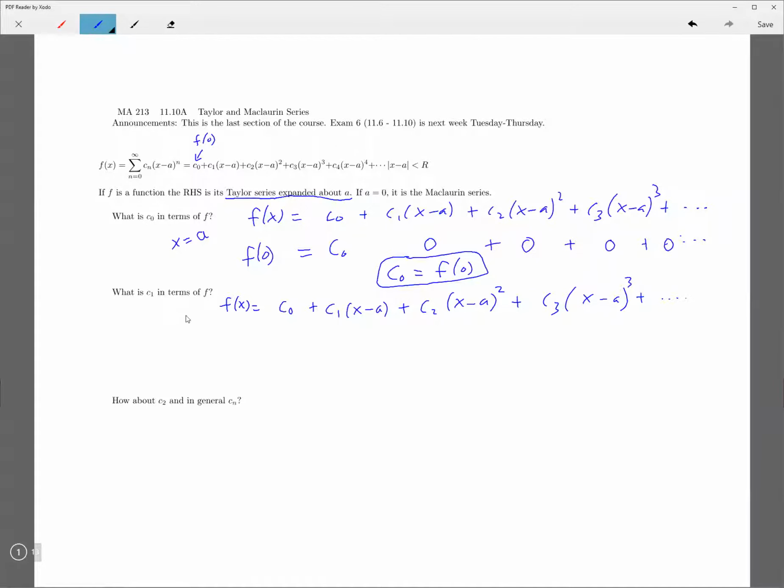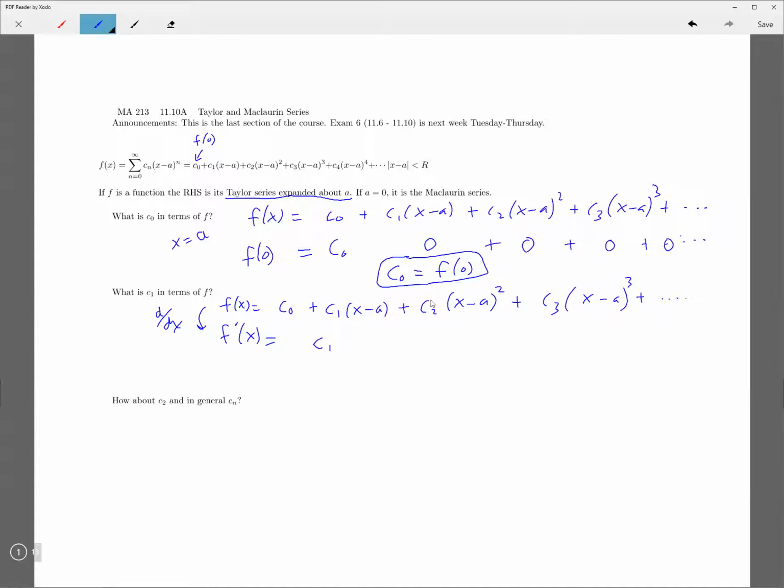So if you take the derivative of both sides of the equation, then the left-hand side is going to be f prime of x. The derivative of c0 is 0. The derivative of this is 1, so that's just going to be C1.